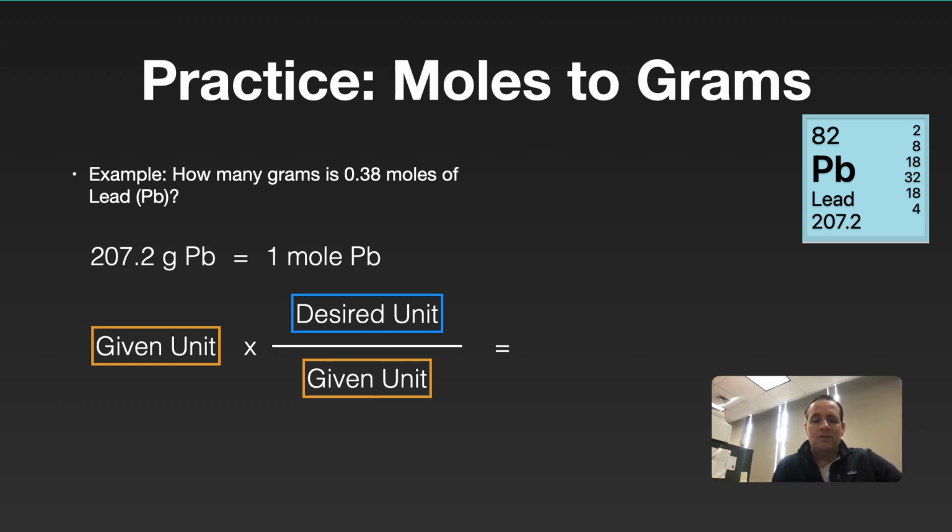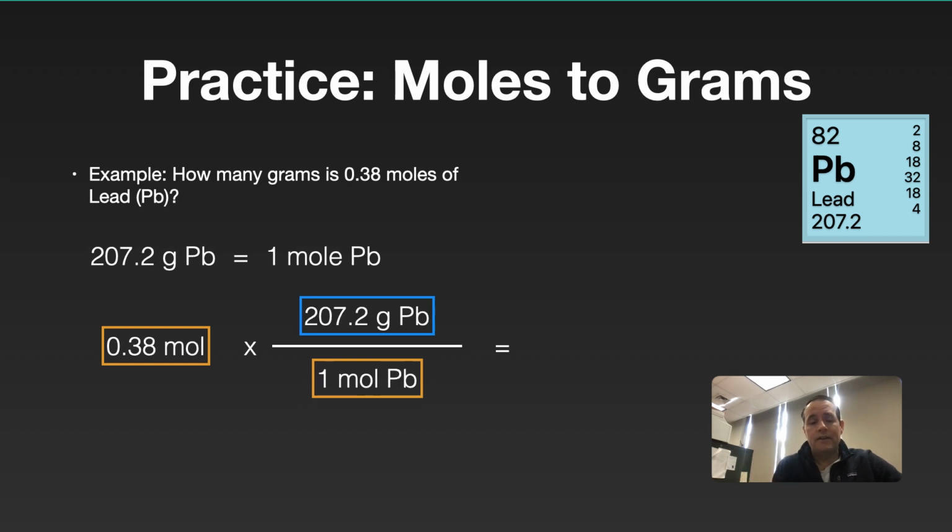So let's focus on the units here. You want to identify the starting units in your word problem, the 0.38 moles, and that's your given unit. Now you want to make sure the moles cancel, so for your equivalency on the bottom in orange, we want to drag down the 1 mole of lead. Okay, mole and mole are going to cancel.